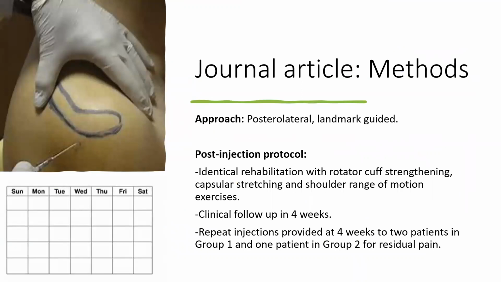I don't know how much that would have affected the results, or if that's something we would want to encourage or adopt in our own practice. For me, I'm not really sure about giving injections so frequently. But I don't know what you guys think.